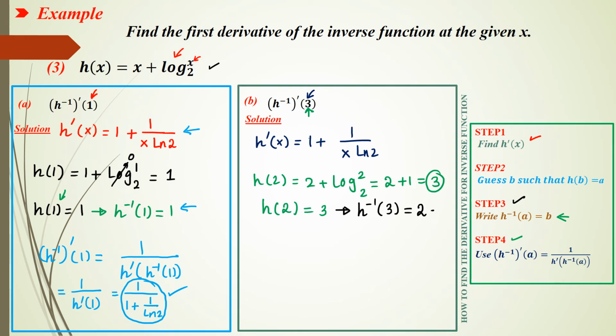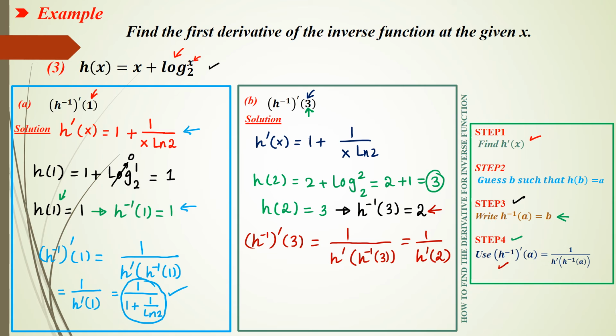Finally, you have to use the rule of the derivative of the inverse function. So you have to find h inverse prime of 3, and by the rule this equals 1 over h prime of h inverse of 3. Now h inverse of 3 is given and equals 2, so this equals 1 over h prime of 2.